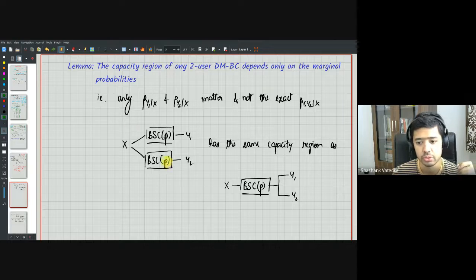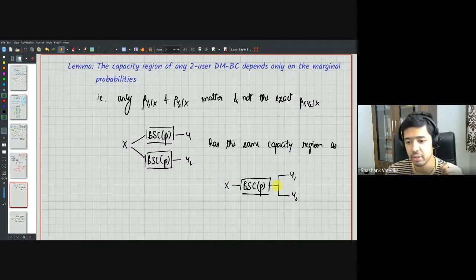Right? So for example, look at two different channels. One channel is when you transmit X through independent BSCs, and you get Y1 and Y2. User 1 sees X pass through a BSC P, and Y2 sees X pass through an independent BSC P. That is one particular broadcast channel, and this is different from the following broadcast channel where X is passed through a single BSC P and the output is shared between Y1 and Y2.